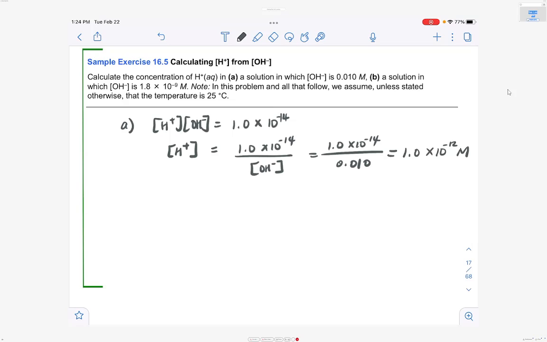Okay. So, is this solution acidic or basic? If you compare the concentration of base versus acid, we know that hydroxide concentration is way higher than proton concentration. Because hydroxide concentration is larger than proton concentration, this solution is basic.